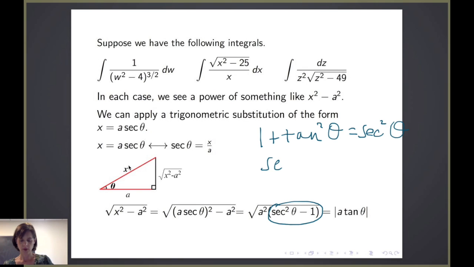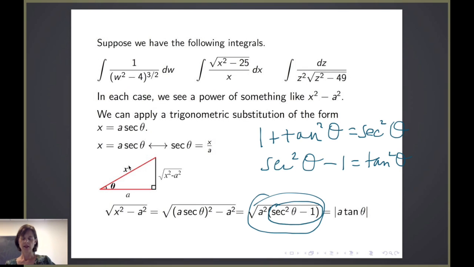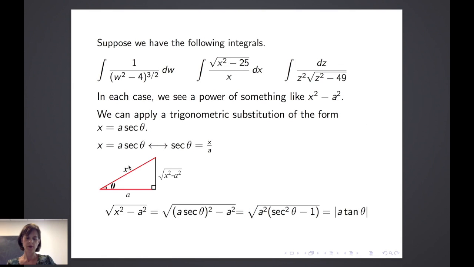So in a similar way, secant squared theta minus 1 will give us tangent squared theta. In reality, the square root of a squared times tangent squared theta will simplify to be the absolute value of a tangent of theta. And I want it in absolute value because when I'm taking the square root, I'm not going to get a negative, and I don't have a negative sign out in front. So I always want the positive value.